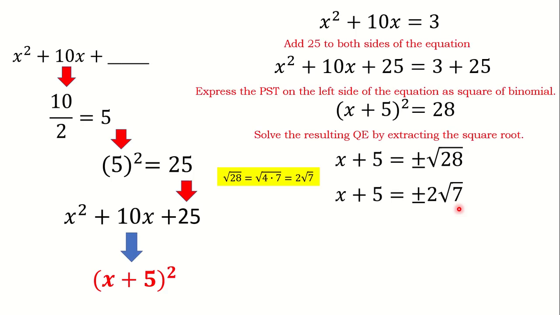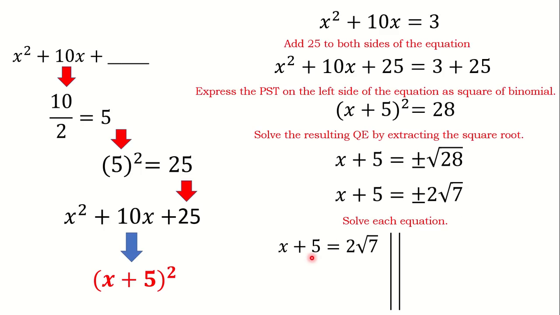Ngayon, pwede na natin isolve yung equation. Meron tayong dalawang equation. Yung x plus 5 is equal to 2 square root of 7. At yung pangalawang equation natin, x plus 5 is equal to negative 2 square root of 7. Okay, solve natin yung equation natin.